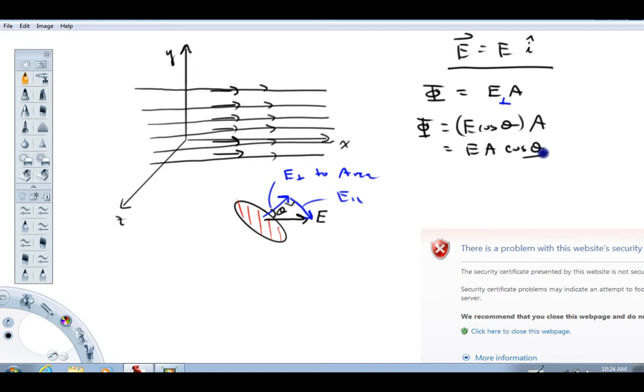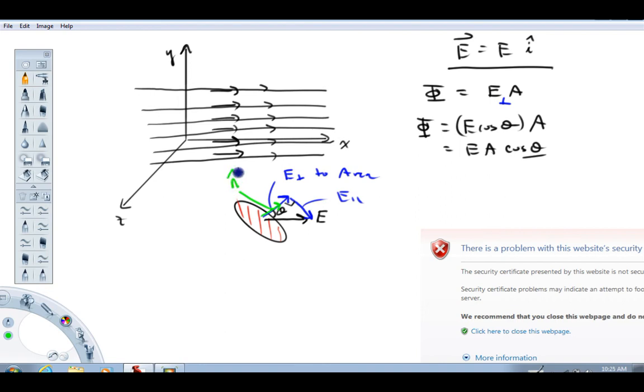Now, when you're dealing with angles, you always have to be consistent with how we talk about angles. So I'm going to define a new vector here that's going to have just a direction. Whatever my area is, this way is perpendicular to the area. Another way to say perpendicular is normal. I'm going to draw this in green. I'm going to draw a vector perpendicular to the area that's normal, and I'm just going to make it a unit vector.